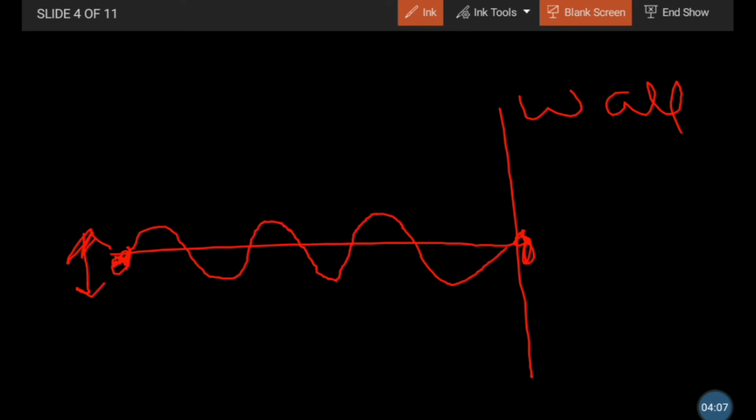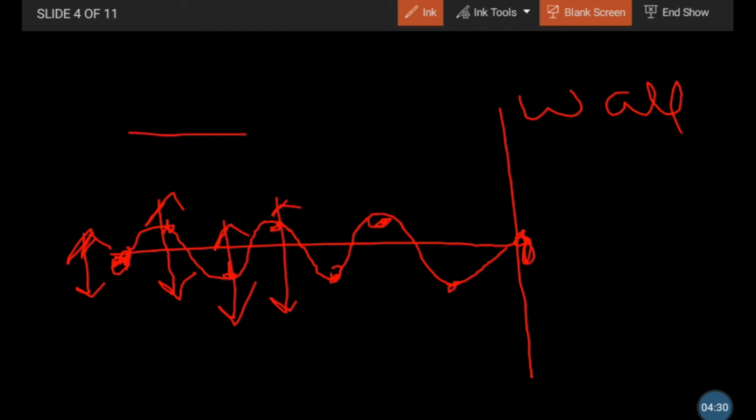Now mark some points on the rope at equal distances. We will see that the marked points vibrate up and down, which is perpendicular to the direction of waves. These points do not displace from their position.